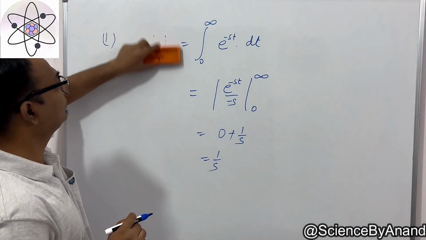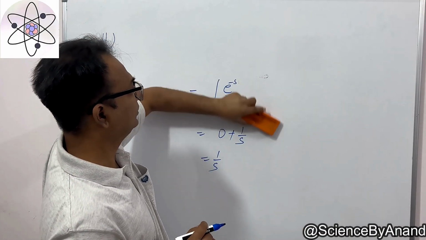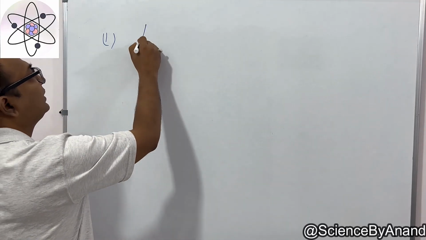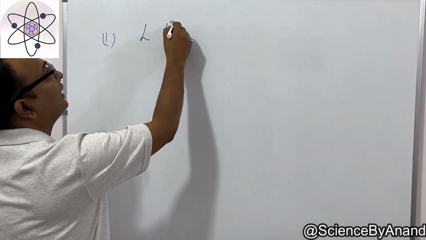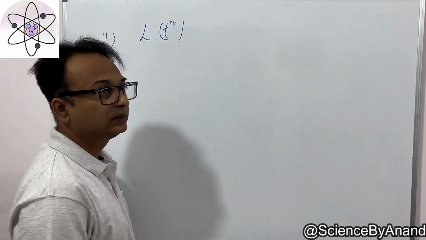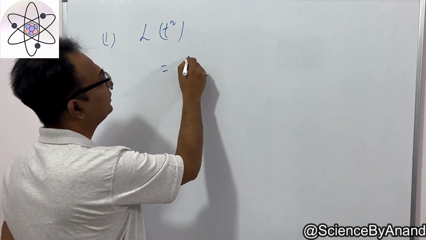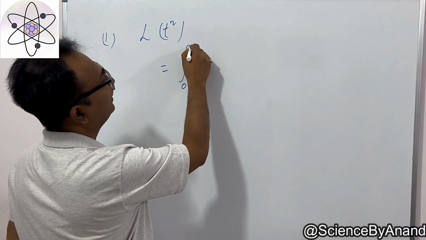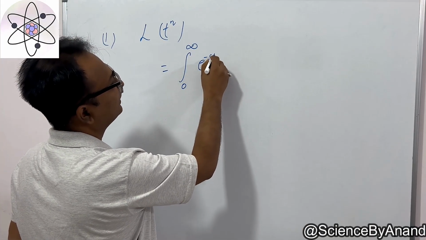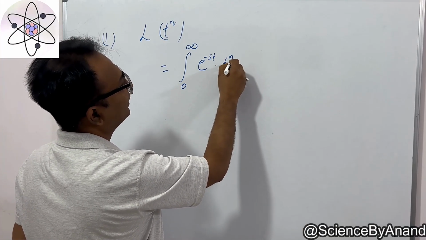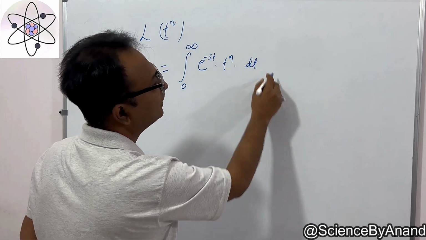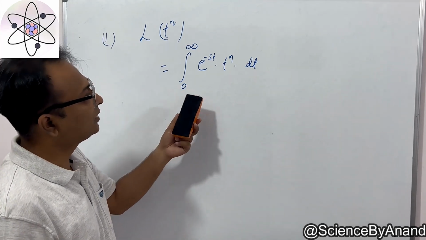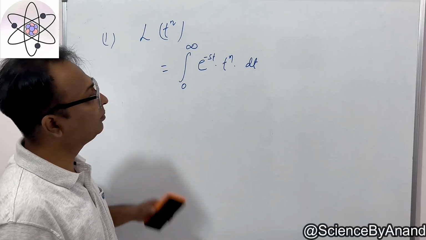Second, Laplace transform of t to the power n. Very simple. This is 0 to infinity e to the power minus st t to the power n dt. This is how we find the Laplace transformation.